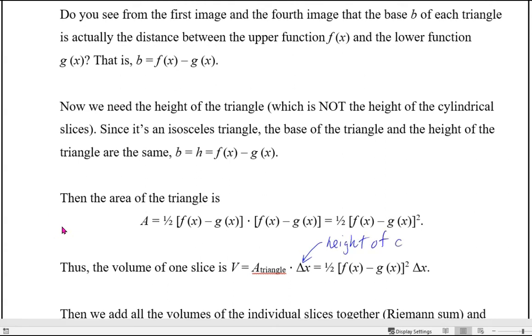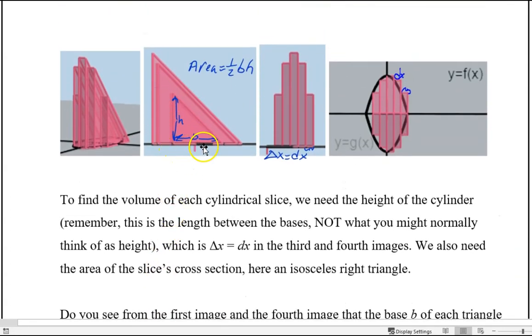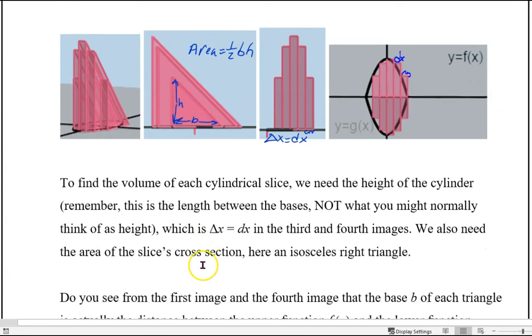That's the distance between the two bases that are the same size, same shape, and parallel. So the area of the triangle, the area of the base, times the height of the cylinder gives us the volume of the cylinder. This is the volume of just one single slice. Just one, not the others, just one.